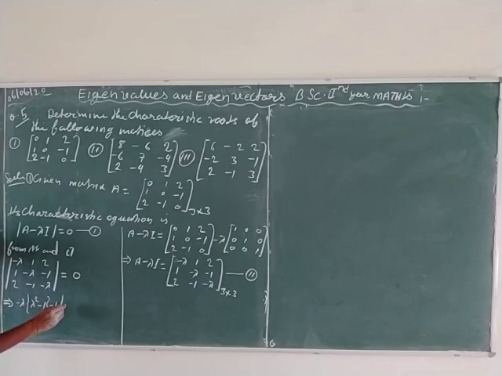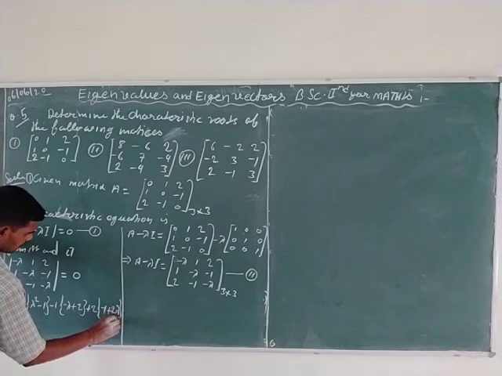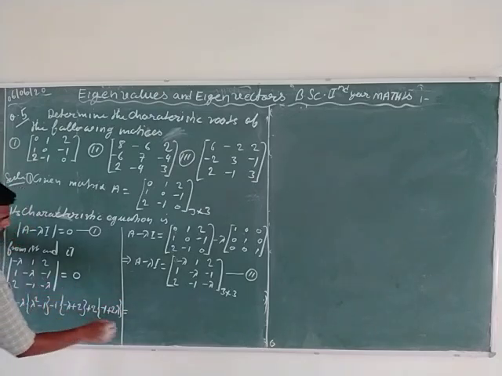So 1 into minus lambda is equal to minus lambda, and minus plus into 2 plus 2, and the last is 2. Then eliminate the third row and first column: 1 into 1 minus 1, and minus 2 lambda means plus 2 lambda, is equal to 0.